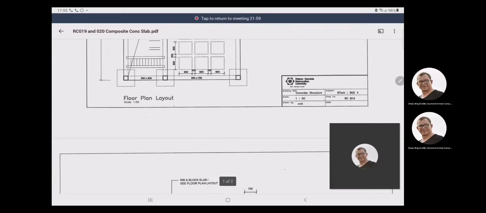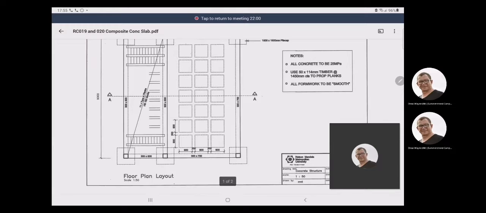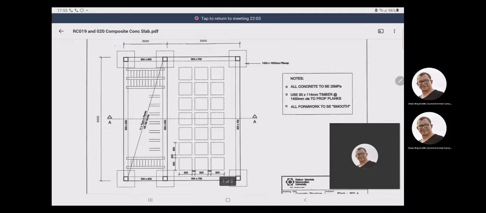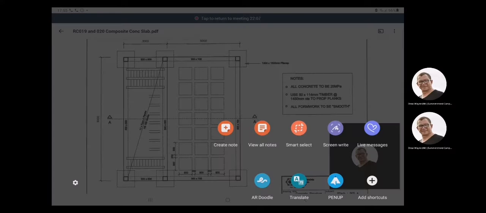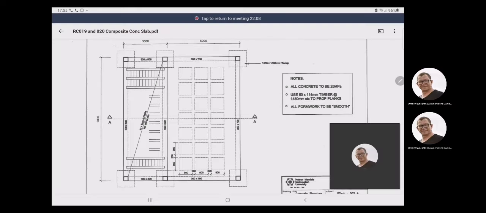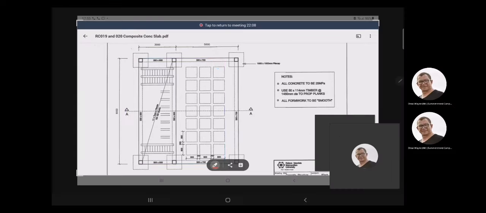I then go further. And as I go further, I now also have to measure for my individual coffers. And when I measure for the formwork to my coffers, measuring each and every coffer as per the standard system, it says that these are measured in number.